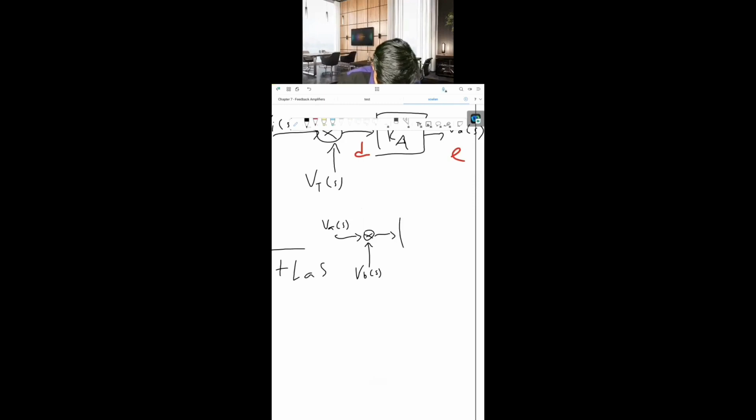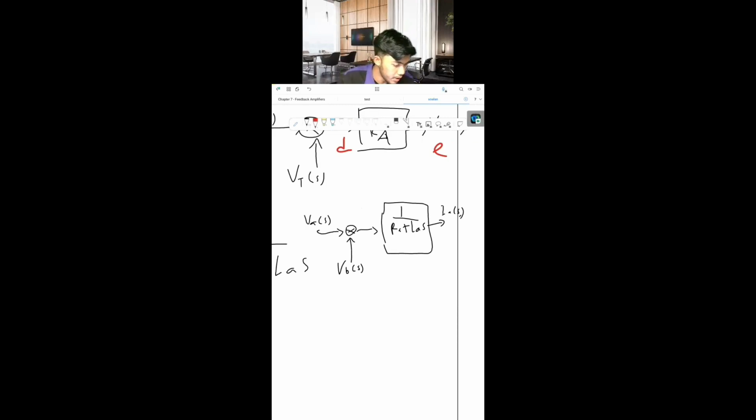So our function is 1 over R_A plus L_A s, and the output is I_A. We continue the labeling, which is E and F.